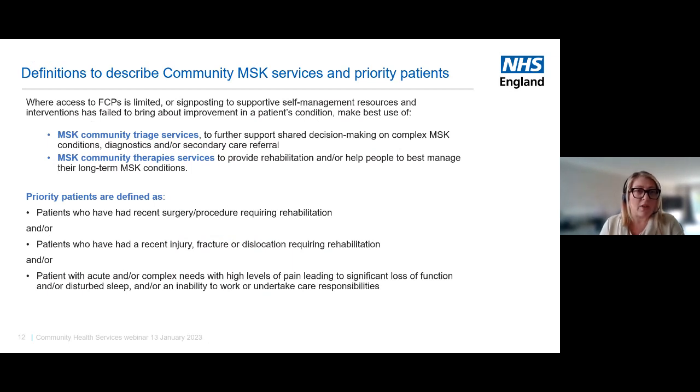So as I said before, it's the first publication of its kind to define what community MSK services should look like.